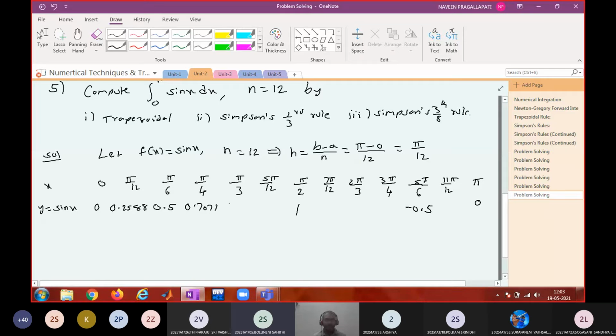Sine pi by 3 is root 3 by 2, that is 0.8660. Sine 5 pi by 12, 0.9659, sir.